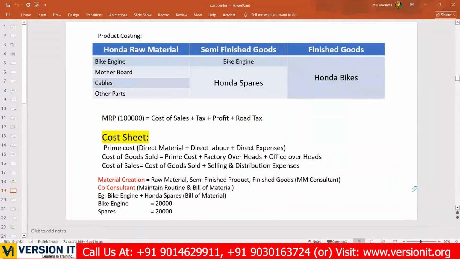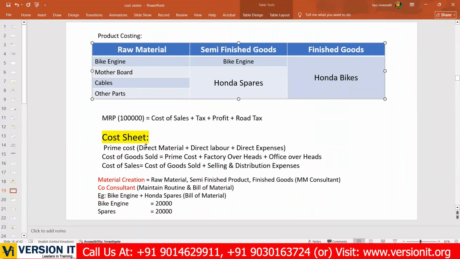Like here I choose Samsung mobile. Fine. Here, Samsung raw material, semi finished good, finished good.